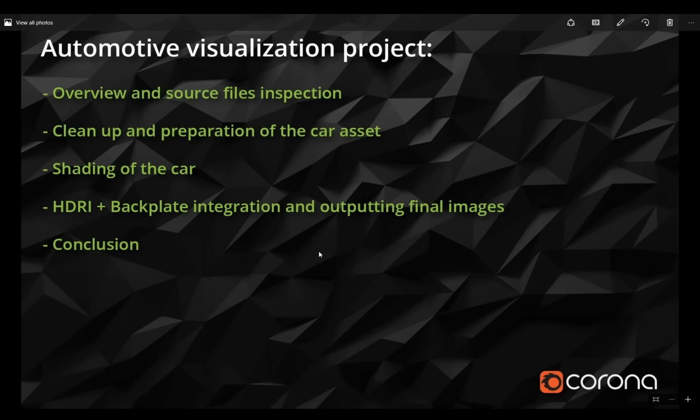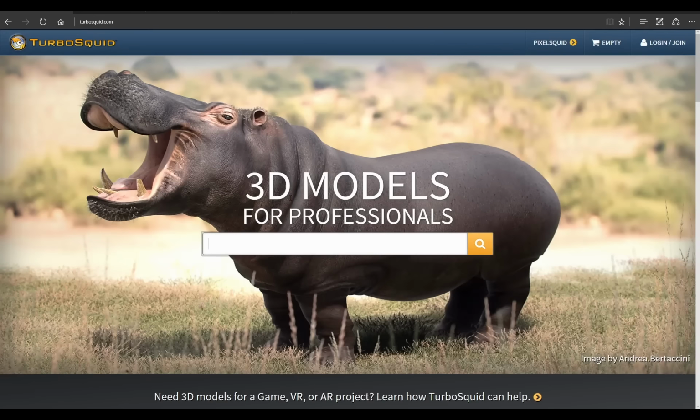First of all, I'm going to show you where to get the assets we will be using here, or any other assets you want. That means the car model as well as the HDR and backplates. So probably the best website to get any model you want is TurboSquid. It's the largest library of stock models for sale.